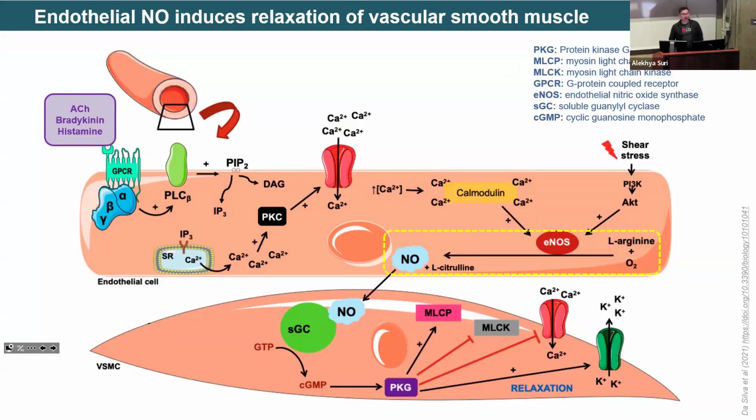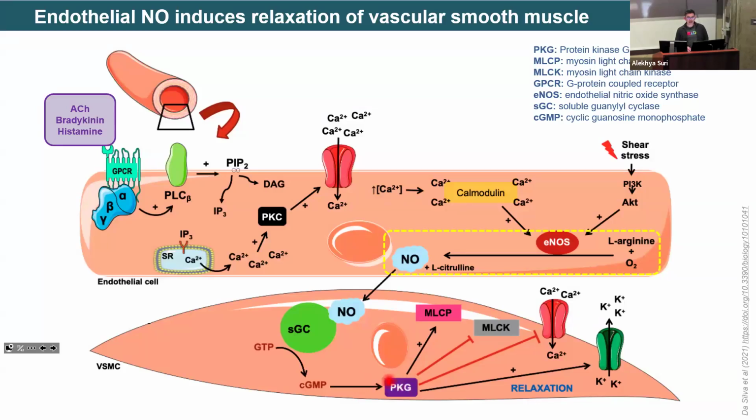The soluble guanylyl cyclase is an enzyme that takes GTP and converts it into cyclic GMP. So this is similar to cyclic AMP, but with a G instead, right? Cyclic GMP is a second messenger that activates a protein kinase called PKG, or cyclic GMP activated protein kinase.